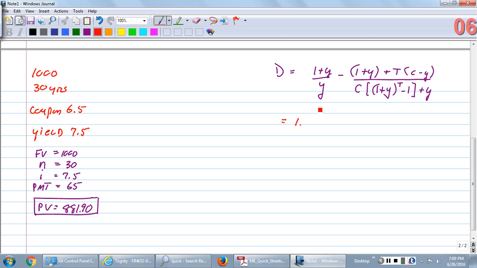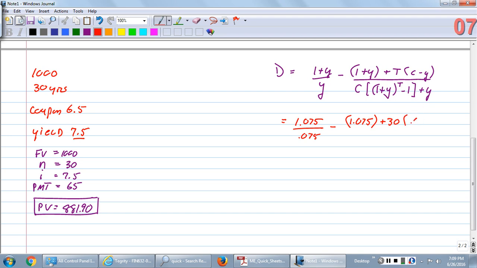So we'll enter everything here, our interest rates, in decimal form. This is going to be 1 plus the yield, so 1.075 divided by 0.075, minus 1.075 plus T, the number of periods. There are 30 years till the bond matures.